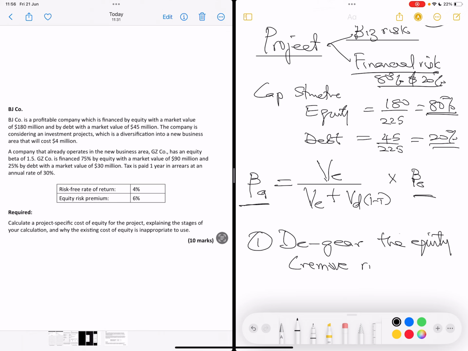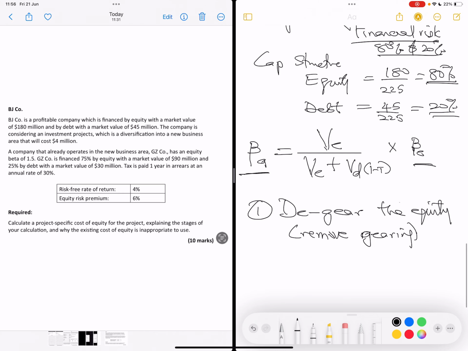Because what we want is the asset beta of that industry, the business risk of that industry. So we need to remove the gearing. That's called de-gearing. So we are removing the financial risk, removing the capital structure, so that the beta we have is a clean beta that only represents the business risk in the industry that GZCO is operating.